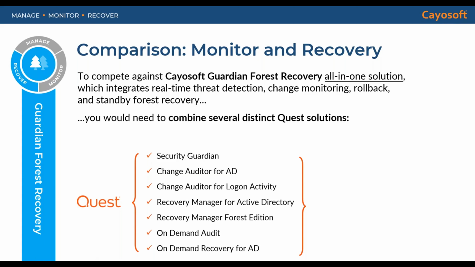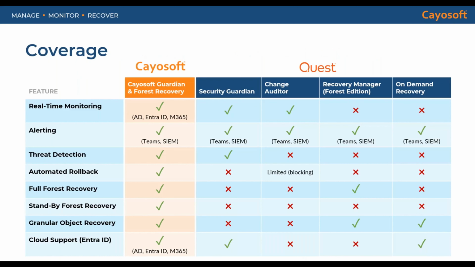It takes into account everything you get with Guardian, and then it extends that further into giving you the standby forest recovery. And we'll get into that later on in the demonstration, but I want to highlight that. If we look at Cayosoft and really the Guardian and Forest Recovery, it has real-time monitoring for both AD, Entra ID, and beyond, right? So M365, as I mentioned, conditional access policies, Intune, Teams, Exchange Online permissions, Entra ID tenant settings.